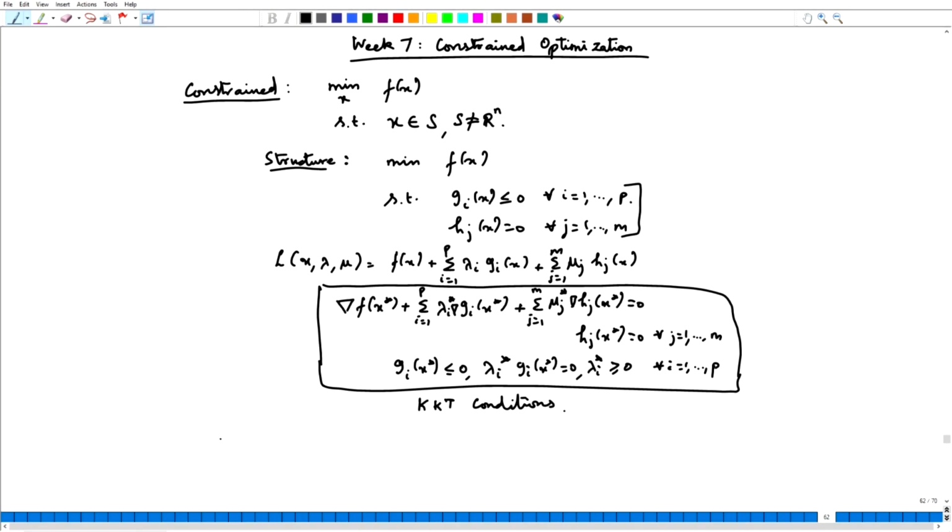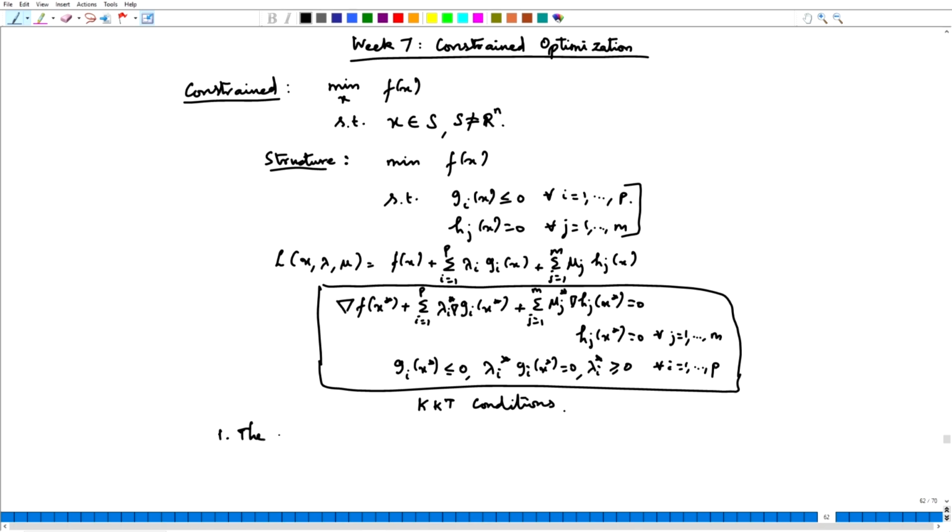Again, we gave two reasons when we started with optimization algorithms for unconstrained optimization. We can write down the two reasons here as well.